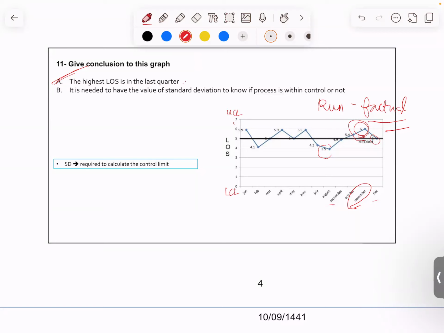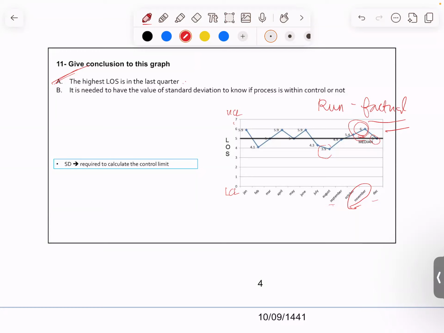Is this clear? Doc Radha, any concern? No, it's okay. You understand now, Radha? Yes. Okay. Are you sure you understand well this one?